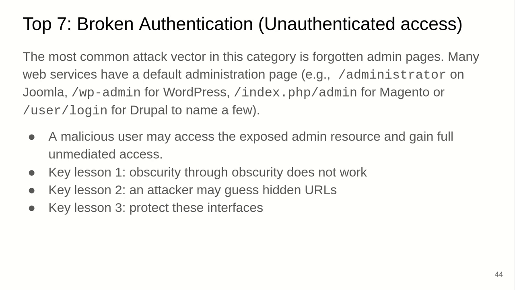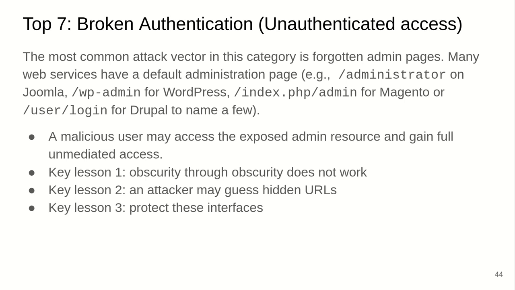So the most common attack vector in this category is forgotten admin pages. So many web services have a default administration page, such as administrator, WordPress admin, admin and many others, or login or whatnot, right? So if you ever run a web service, you will see that there's a ton of tries from automated bots that try to find these pages as quickly as possible.